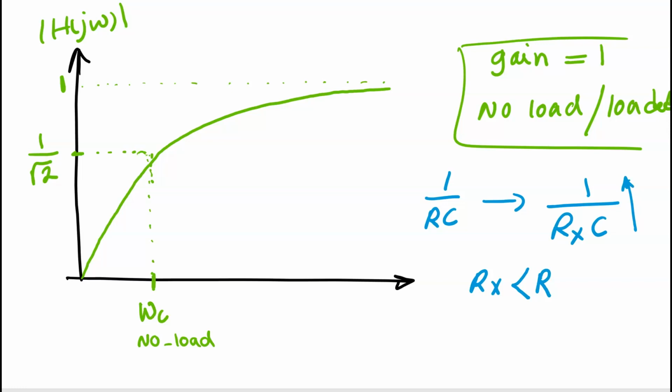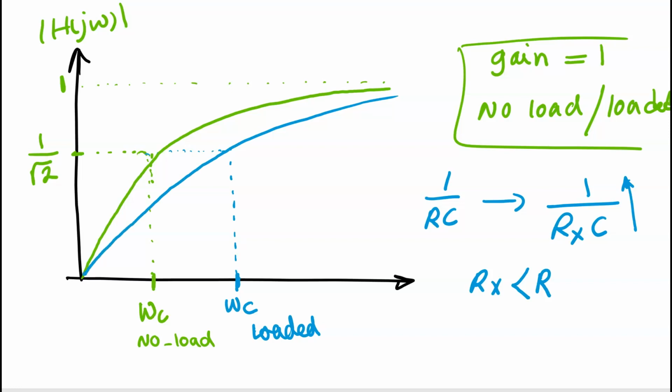So the cutoff frequency of the loaded scenario is going to be more than the cutoff frequency of the no load situation. So I'm going to have a cutoff frequency, for example, somewhere here, which means at this frequency, I'm going to have a magnitude equal to 1 over radical 2. So this time, what I'm going to have for my filter is something like this.